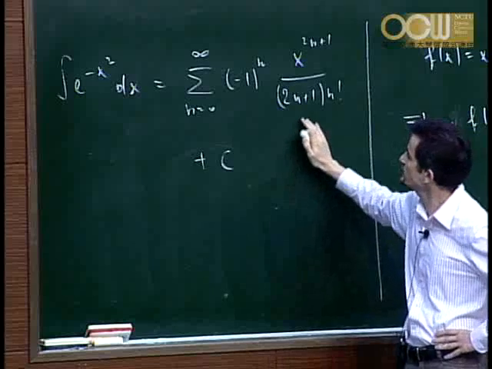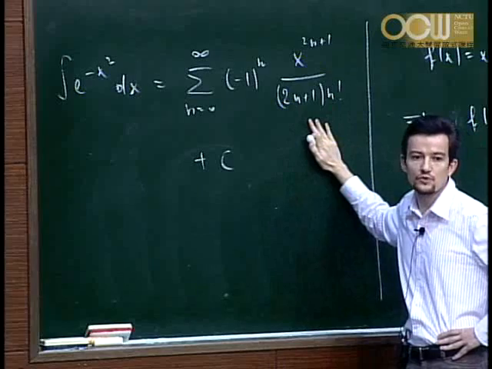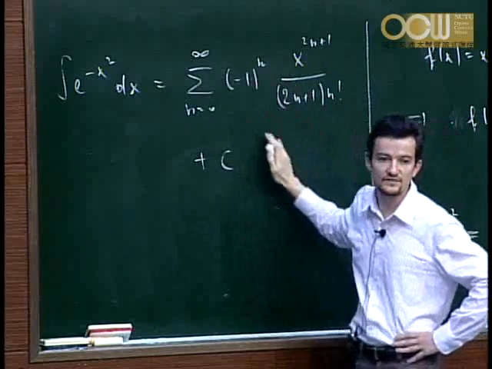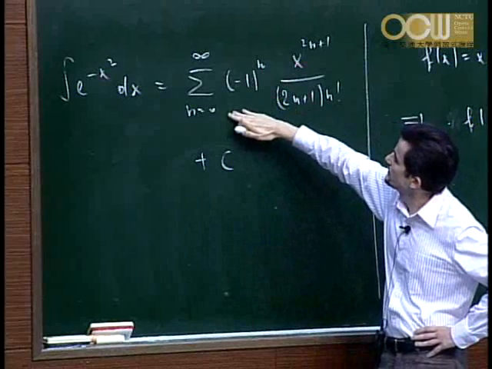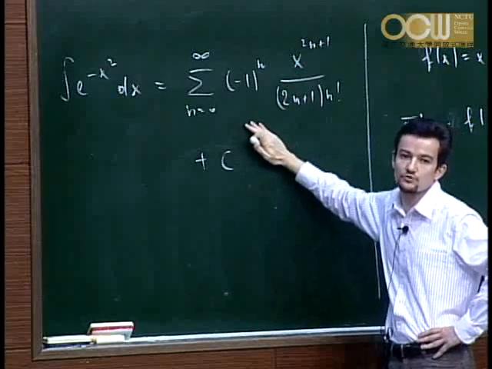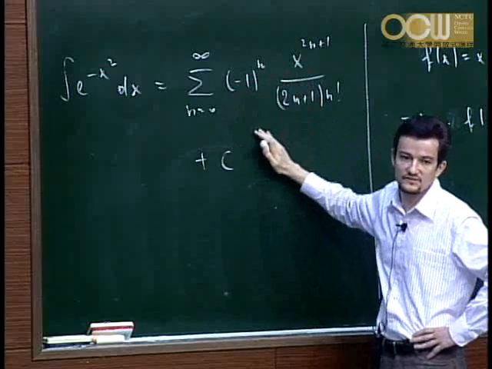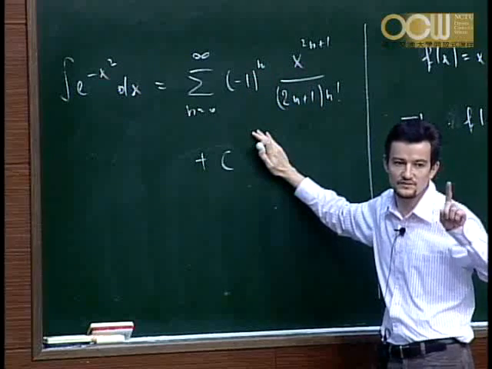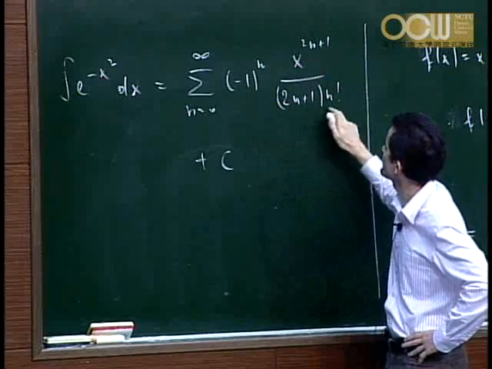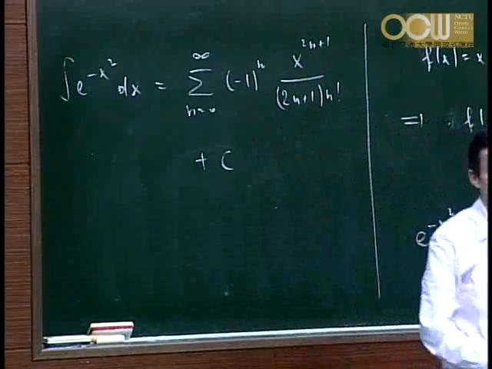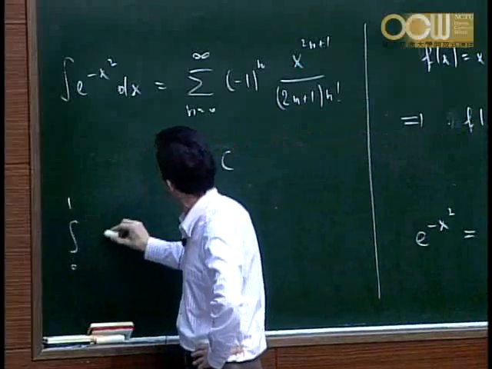Moreover, for x equal to 1 we have easy control of the error, because this is an alternating series, and if we use the first n terms to approximate the value of this series, the error is bounded by the first term you neglect. But this is 1 over 2n plus 1 times n factorial, which tends to 0 very, very quickly as n tends to infinity.